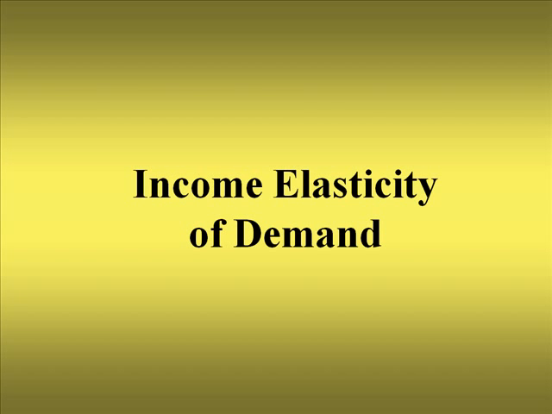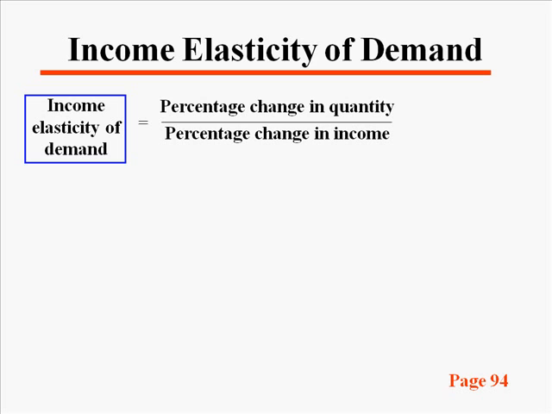So that's own price elasticity of demand. The next type of elasticity is what we call income elasticity. Your formula is the percent change in quantity over the percent change in income. In this case, we're trying to find what's going to happen to the quantity demanded of my product if the consumer's income changes.